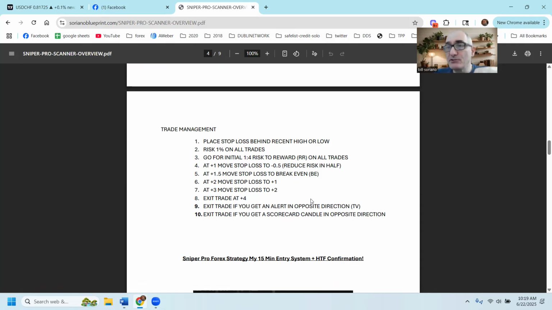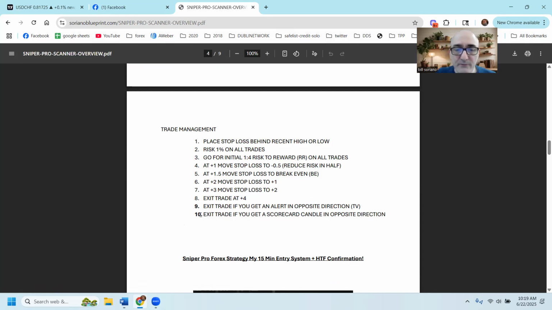But what I want to make sure you understand is that you would only exit the trade if you get a full confirmed trade idea going in the opposite direction, right? So you get that ATH, it crosses on the other side of the 55, and then all other 4 conditions on the Sniper Pro scanner are met, okay? But it's not just an alert.